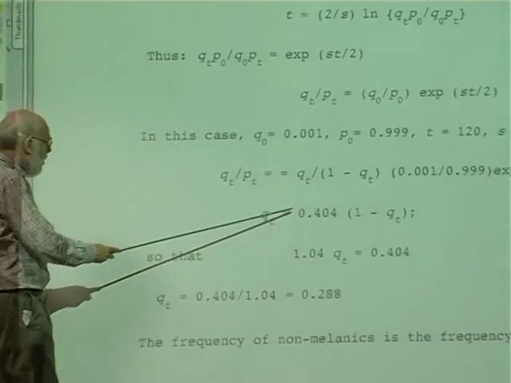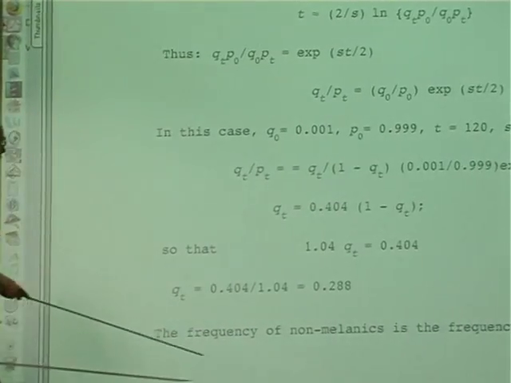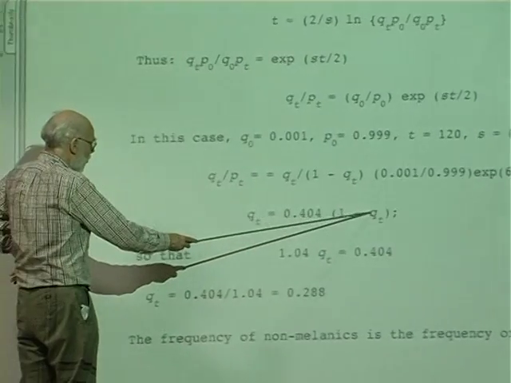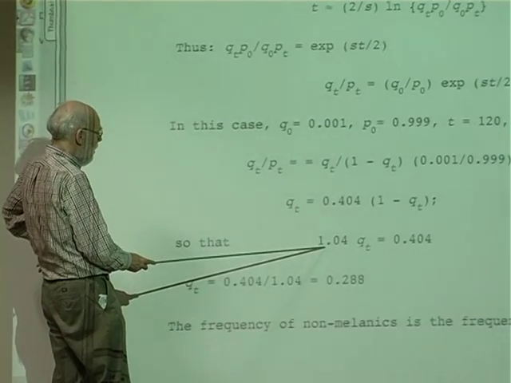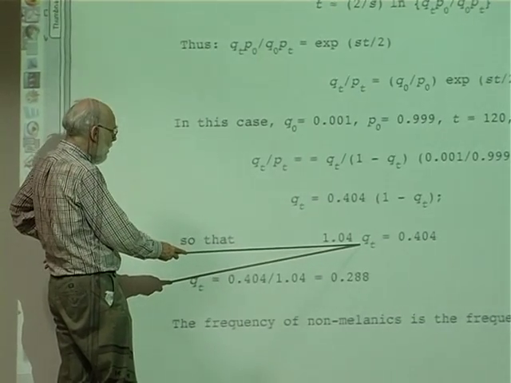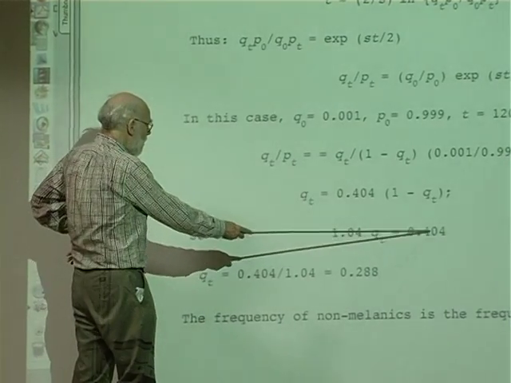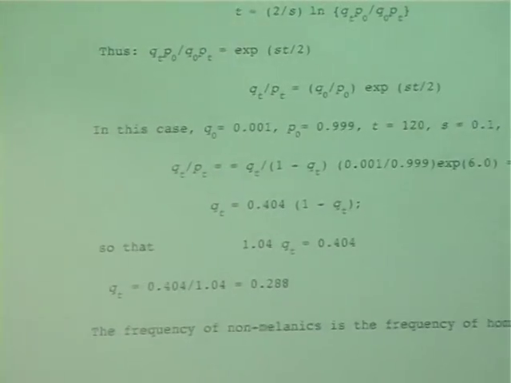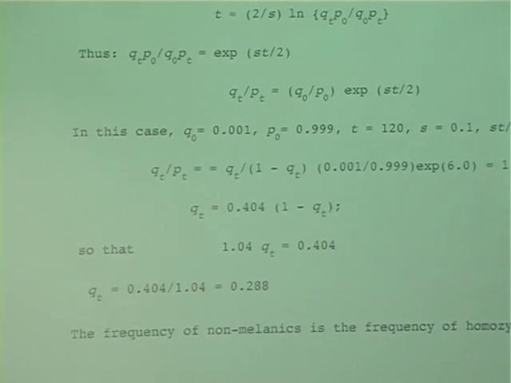So q_t is equal to 0.404 times 1 minus q_t. And we can rearrange that by bringing 0.404 times q_t over to this side. That gives us 1.404 times q_t is equal to 0.404. Sorry, there's a typo there. So I got it slightly wrong again, right?